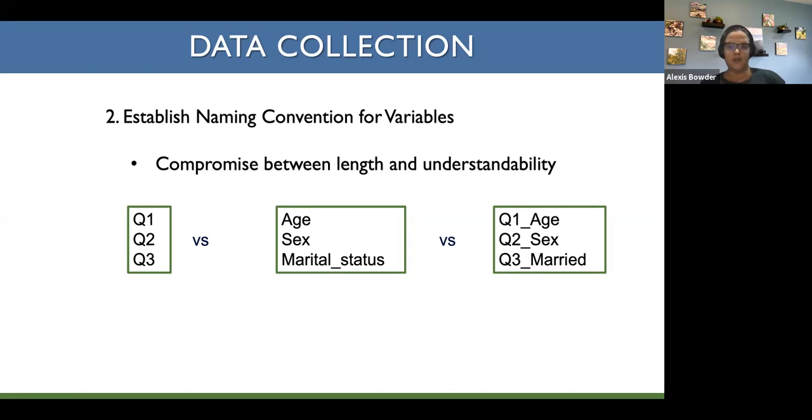If you are using a survey and you just include age, sex, or marital status, you may not know what question that is. So sometimes it's nice to combine them and say question 1, age, question 2, sex, question 3, married. And so you can very quickly go back and either go by the number of the question or by the variable itself and identify it when you're looking at your database.